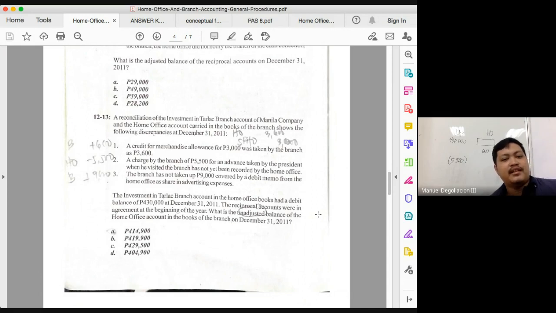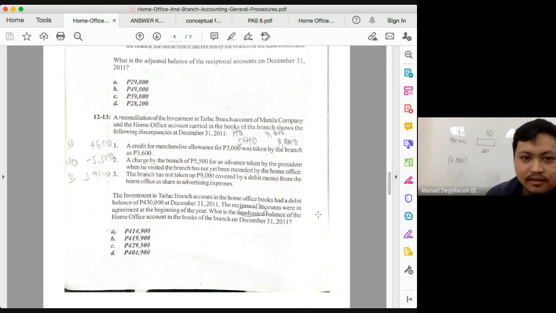And after that entry, it notified the branch and sent a debit memo. What does that mean? The home office debited the account of the branch. So what should the branch do here? Recognize the expense assigned to it. So debit advertising expenses and credit your home office account.